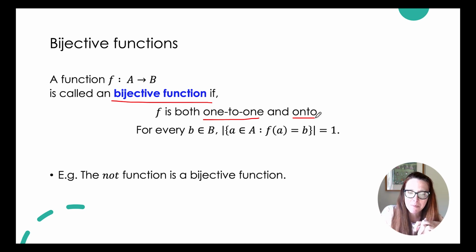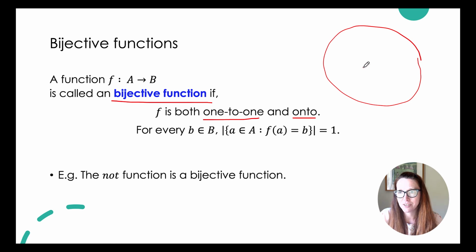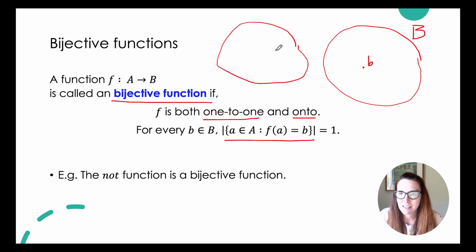What that means, more formally, is for every element in the codomain, so we're hanging out in the codomain at a value b, the size of the set of all the values a such that f of a is equal to b is 1.